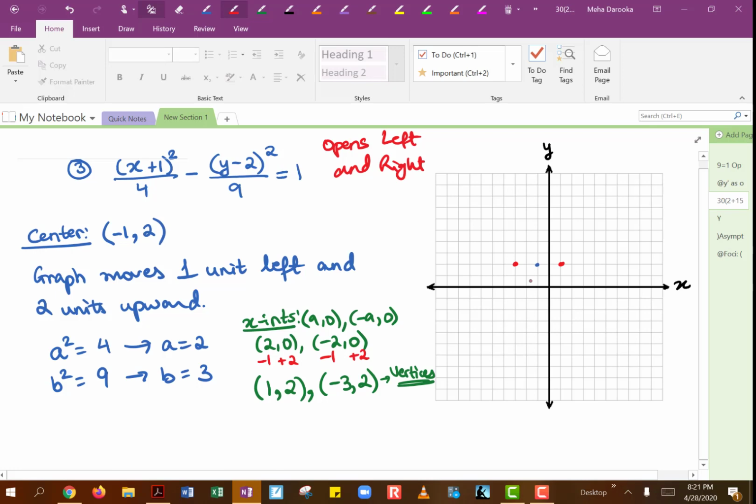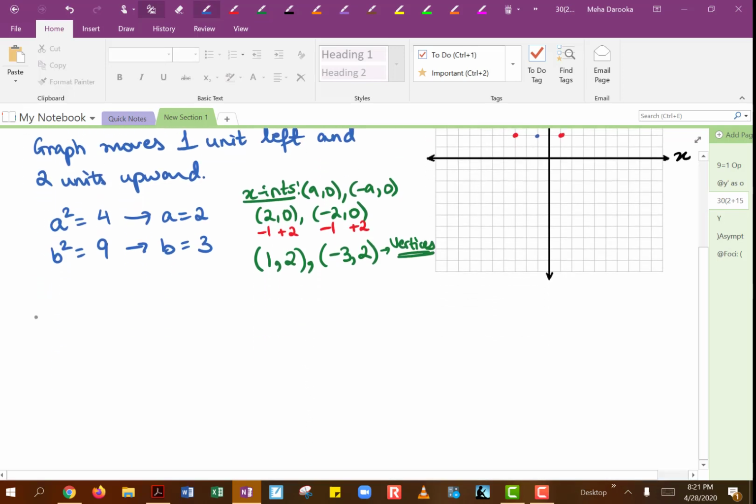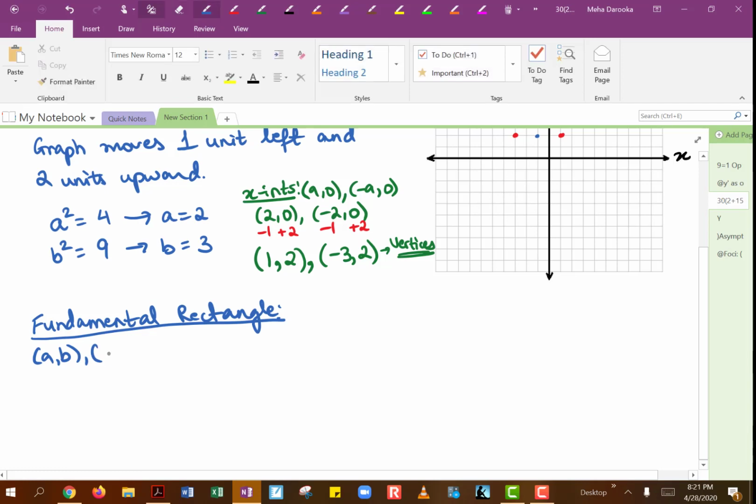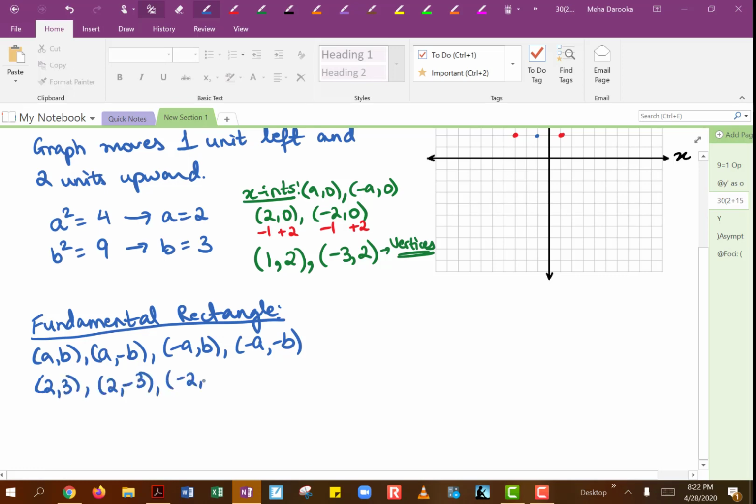Alright, so now we need to do our fundamental rectangle. Since this is a hyperbola opening left and right, our fundamental rectangle vertices are going to be (a, b), (a, -b), (-a, b), and (-a, -b), which comes out to be (2, 3), (2, -3), (-2, 3), and (-2, -3).